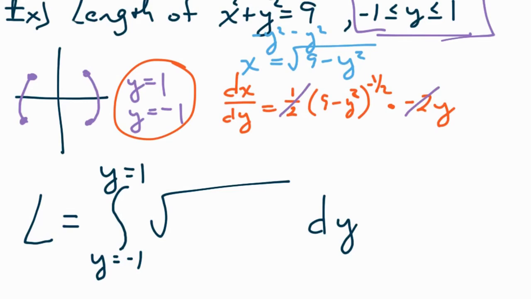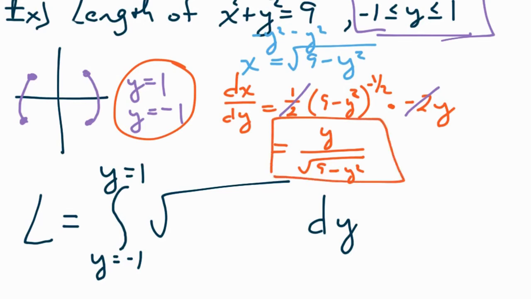And if you would like to write it as a numerator and a denominator, you may do that. I can rewrite this, since it's a negative exponent, as a square root in the denominator. Now, ultimately, this derivative is what I'm going to plug into my formula, which says, of course, the square root of 1 plus that derivative squared.